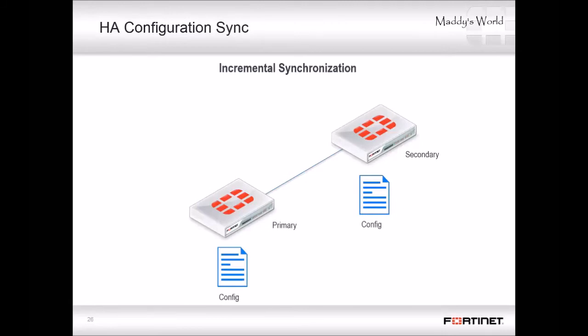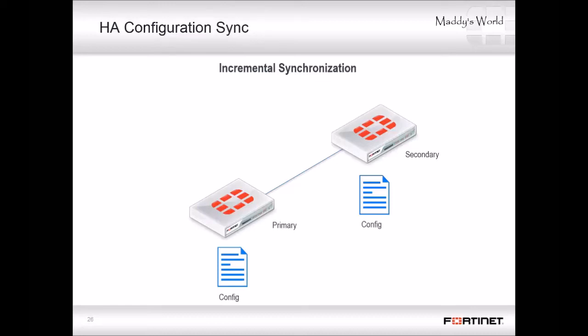FortiGate HA uses a combination of both incremental and complete sync. When first establishing the cluster, the primary compares all configurations. If any doesn't match, it uploads its complete configuration to that secondary. This propagates your configuration and overwrites all FortiGates in the cluster.